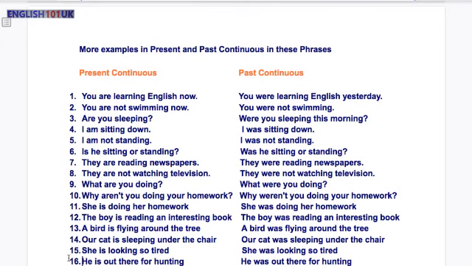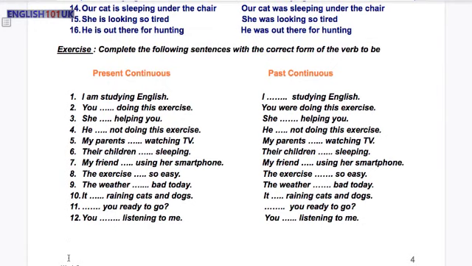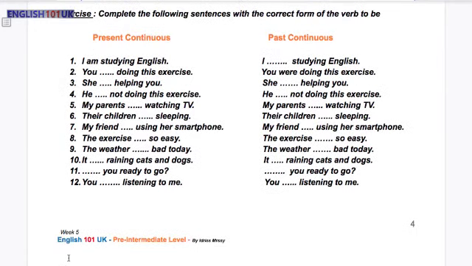Alright, now let's move to our exercise for this week. It says, complete the following sentences with the correct form of the verb to be. So we have these sentences in present continuous tense and in past continuous tense. You need to fill these gaps with the correct forms of the verb to be.